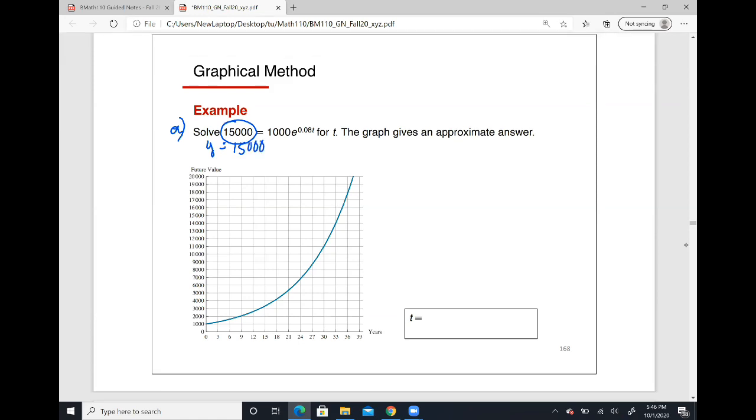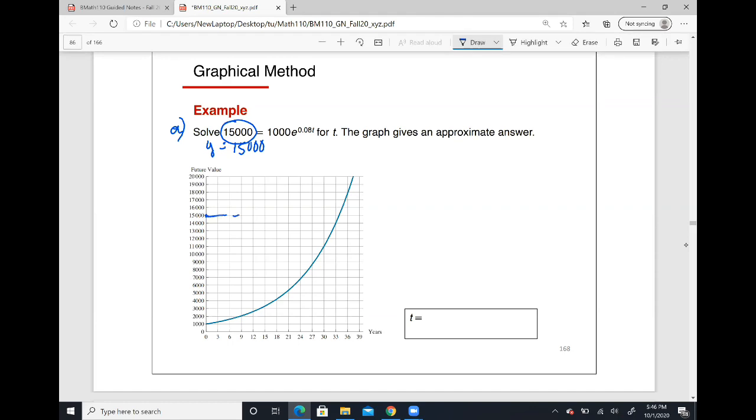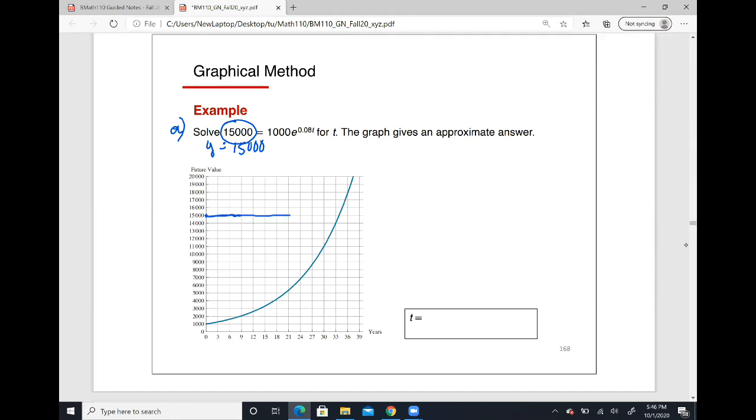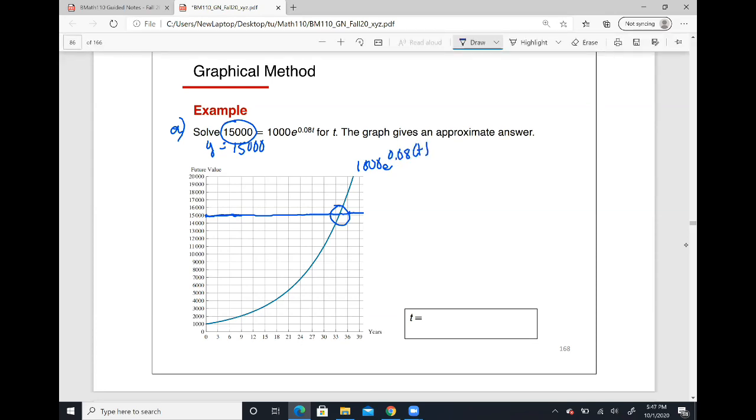That's going to be a horizontal line that goes through the y value 15,000 over here. So that is this line. And this line intersects with the function. This is the function 1,000 e to the power 0.08t.